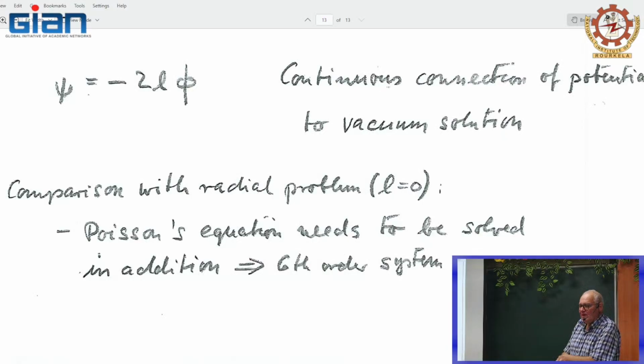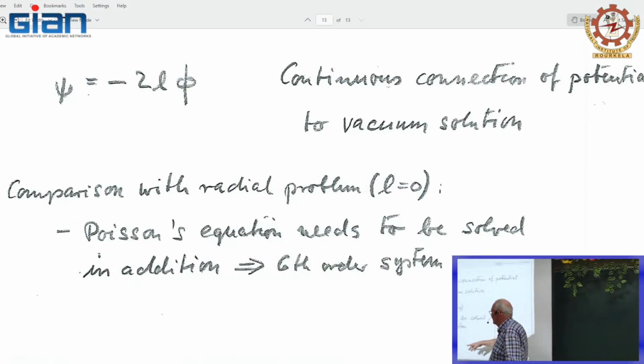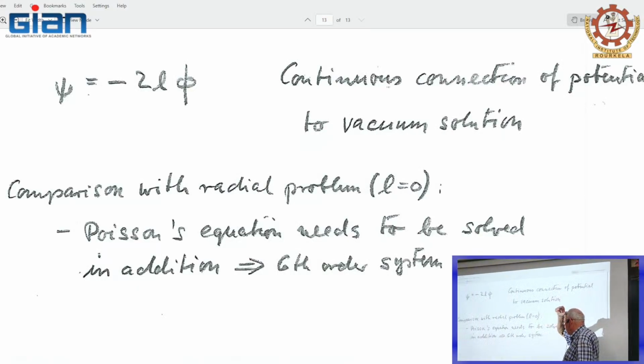Well, it is of 6th order rather than of 4th order. Otherwise, there is not a big difference between these two systems, both concerning the physics and the mathematics. So the radial problem is 4th order, and the non-radial problem is of 6th order.